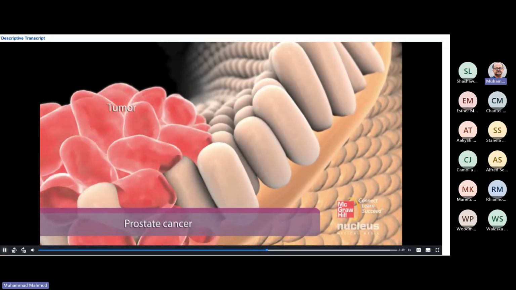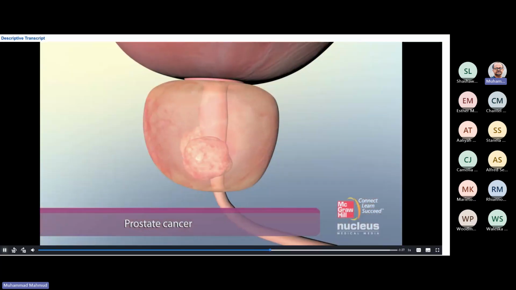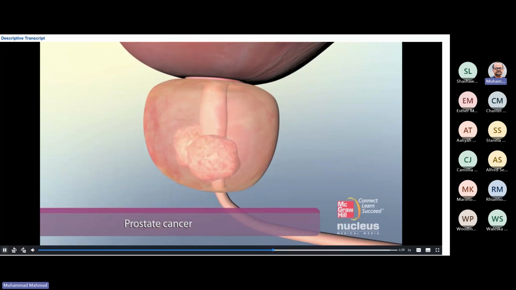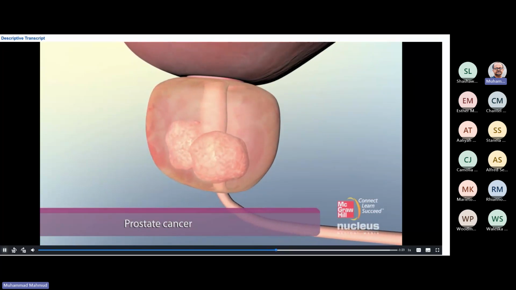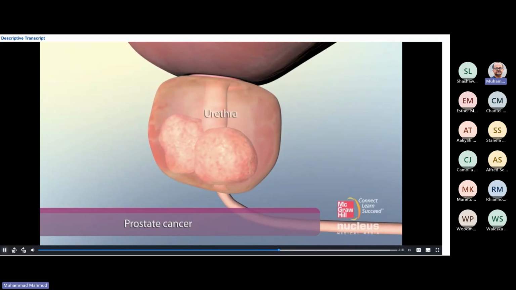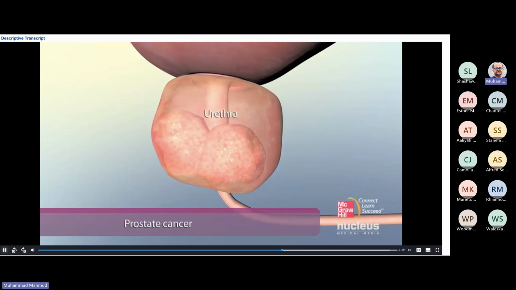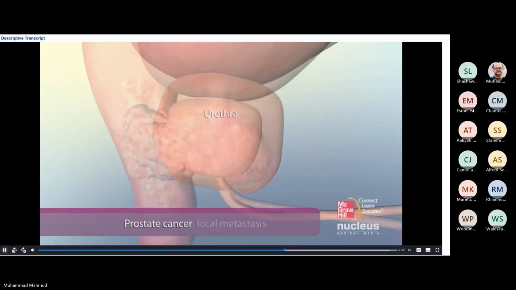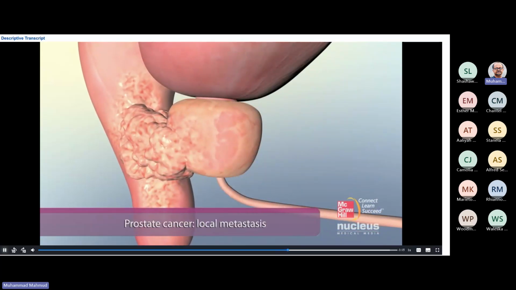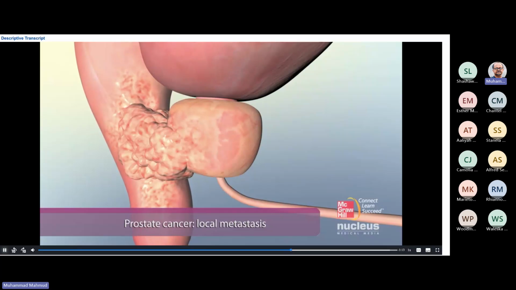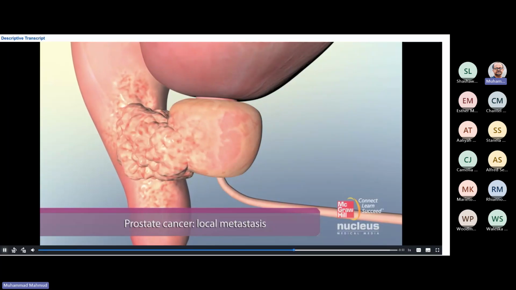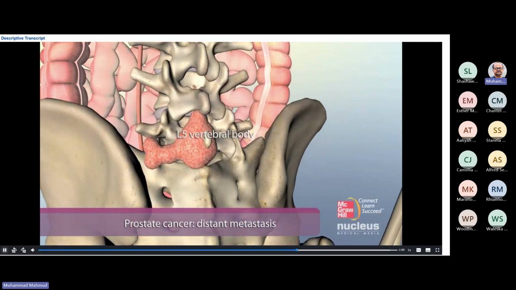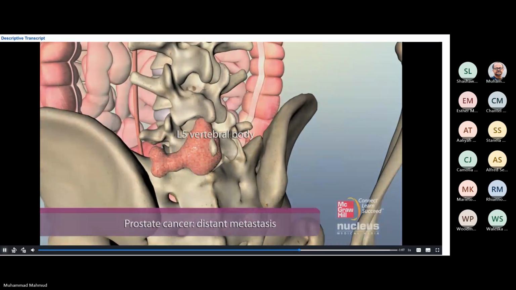Many new abnormal glands and one or more malignant tumors develop. The large tumors may compress the urethra and disrupt the urine stream. In a process called metastasis, the tumor cells spread to tissues both near and distant from the prostate.